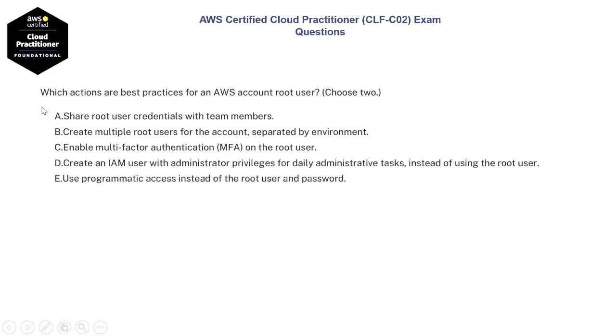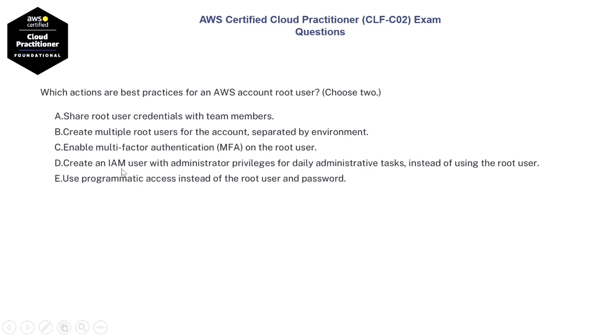Next question. Which actions are best practices for an AWS account root user? Choose two options. Option A, share root user credentials with team members. Option B, create multiple root users for the account separated by environment. Option C, enable multi-factor authentication on the root user.